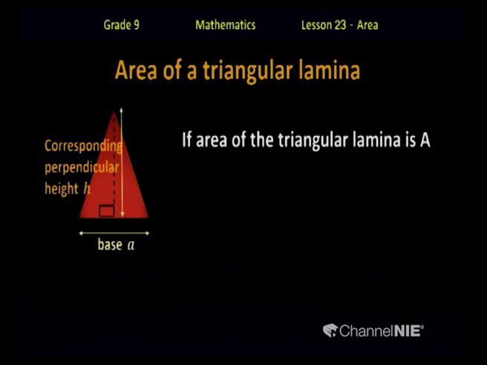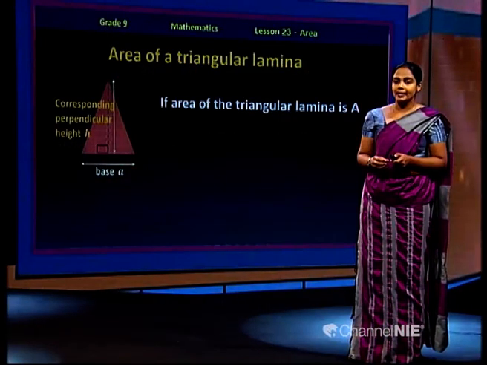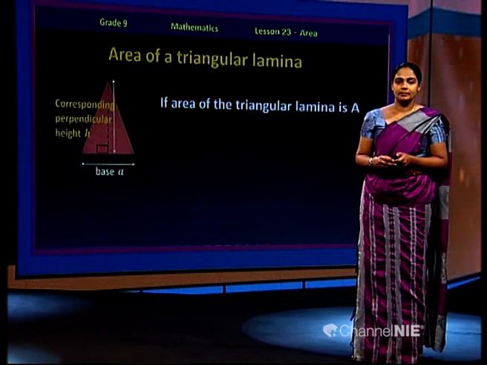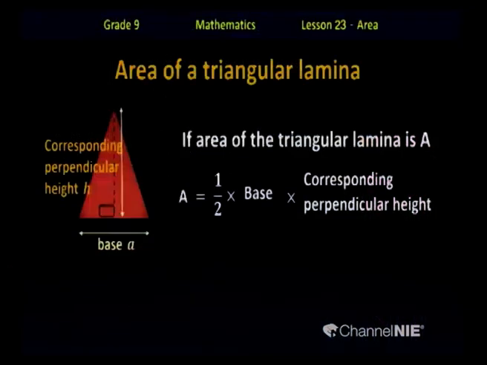If you are selecting a base, we should check which is the opposite vertex. From opposite vertex to selected base, the perpendicular height is drawn. Then base and corresponding perpendicular height, you should identify them. Then we can find out area: half into base into corresponding perpendicular height.